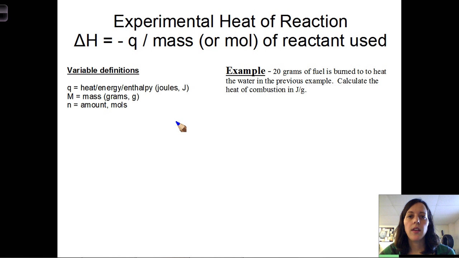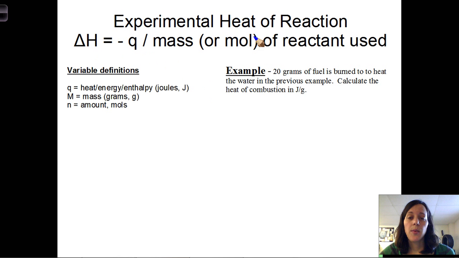The heat of reaction is on a per mass or per mole basis, so it doesn't matter how much you have of it because it's per grams or per moles, versus our heat transfer equation, looking back at it, you multiplied it times the mass of the substance, so it was specific according to how much you had of it as well as the specific temperature change. This gets that factor out of it, and you're allowed to compare it to theoretical values.